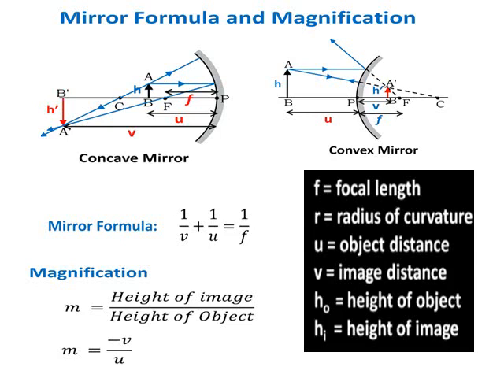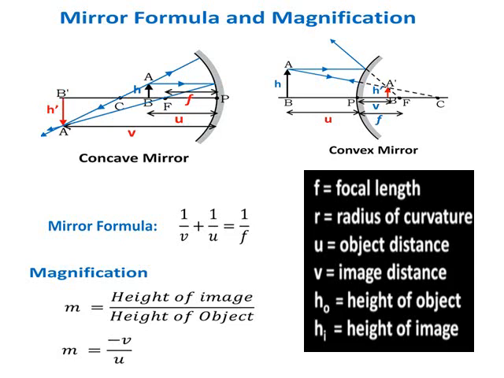So how are these distances u, v and f measured? Now when you look at the ray diagram above for the concave mirror, the distance between B and P is referred to as u. The object is kept at AB. So how far is it from the pole of the mirror? The distance BP is the object distance, which is denoted by the letter u.